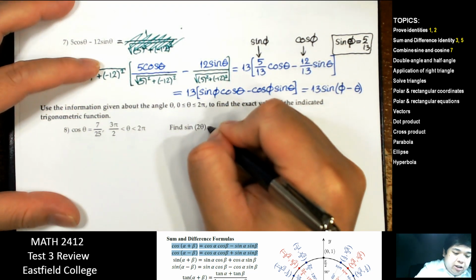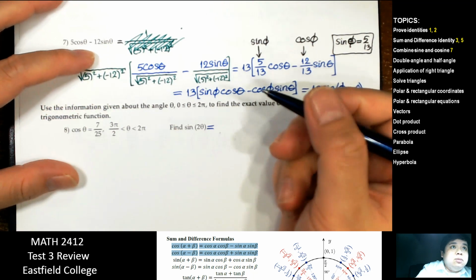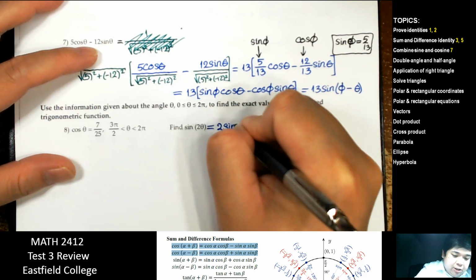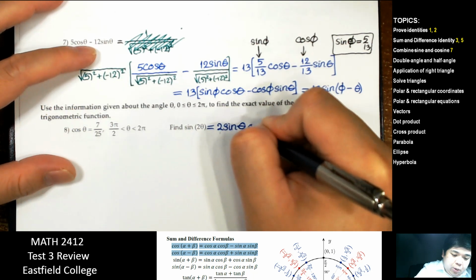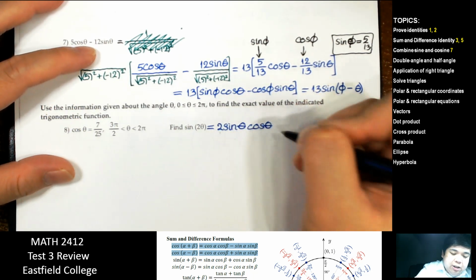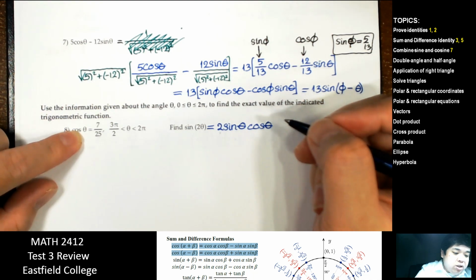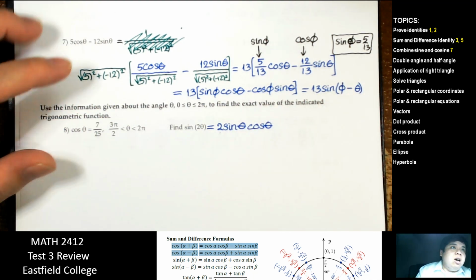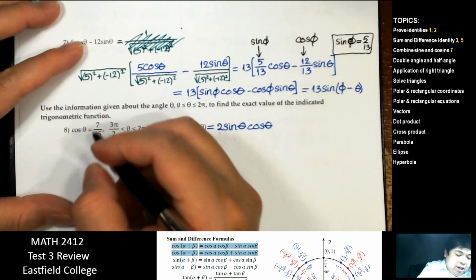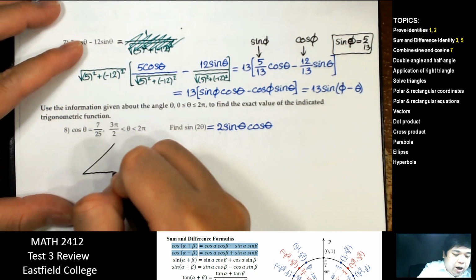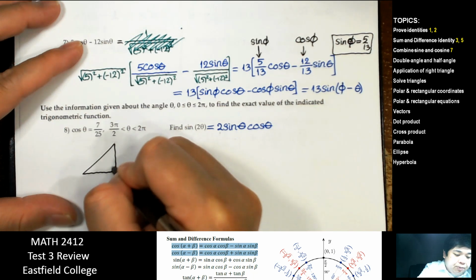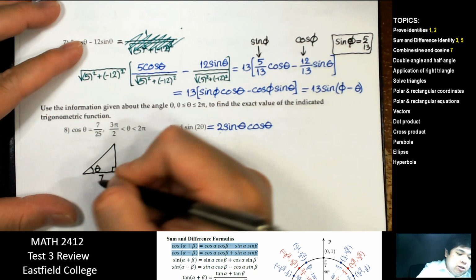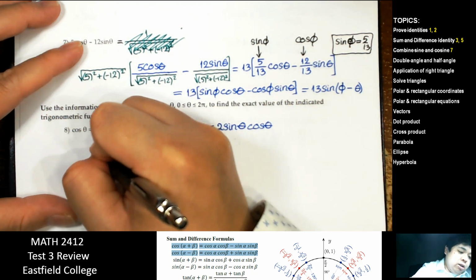Cosine of 2 theta equal to 2 sine theta and cosine theta. We do know cosine theta is 7 over 25. We can find sine of theta easily, and I will start, but we will not finish. Theta will be adjacent over hypotenuse.